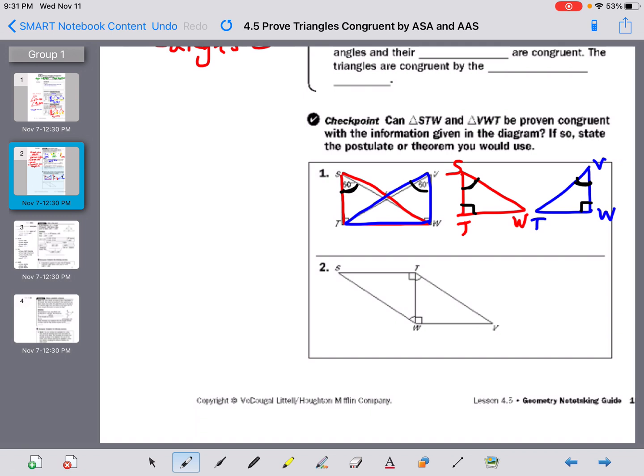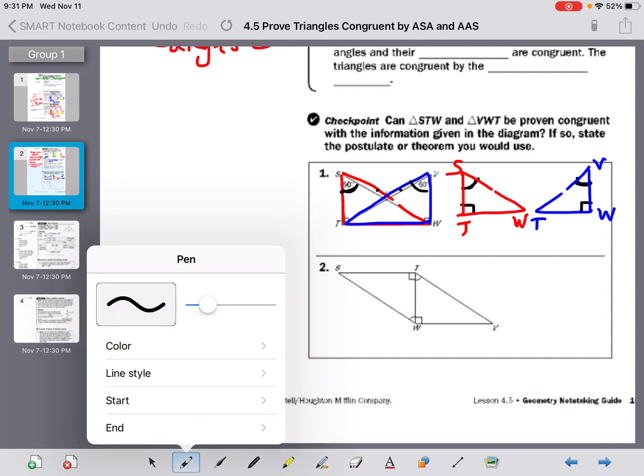I see your vertical angles right here, but think about that. I'm talking about something just hanging out here in the middle, right? That's not really going to help me much because that's not part of the actual full blue triangle or the full red triangle. So that one's not going to be so helpful to me. It is a good vision if you can see that, but that one's not going to help us in this particular case, okay?